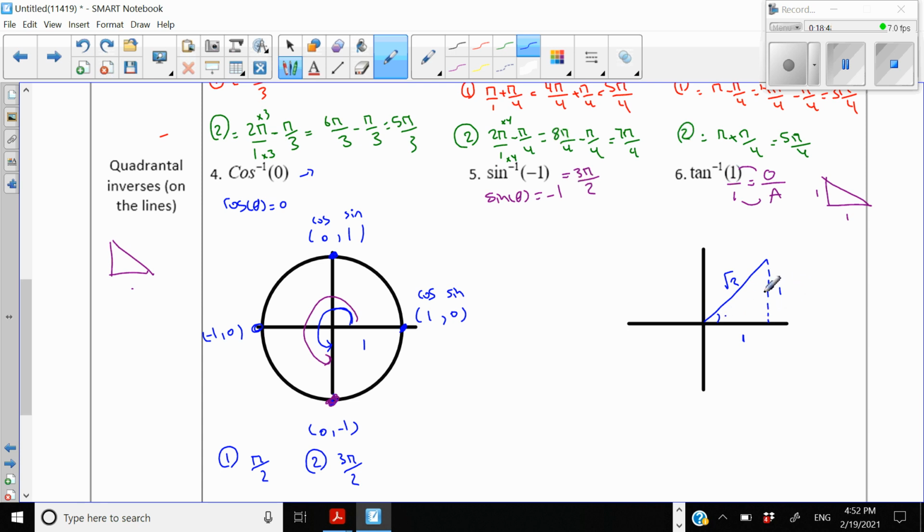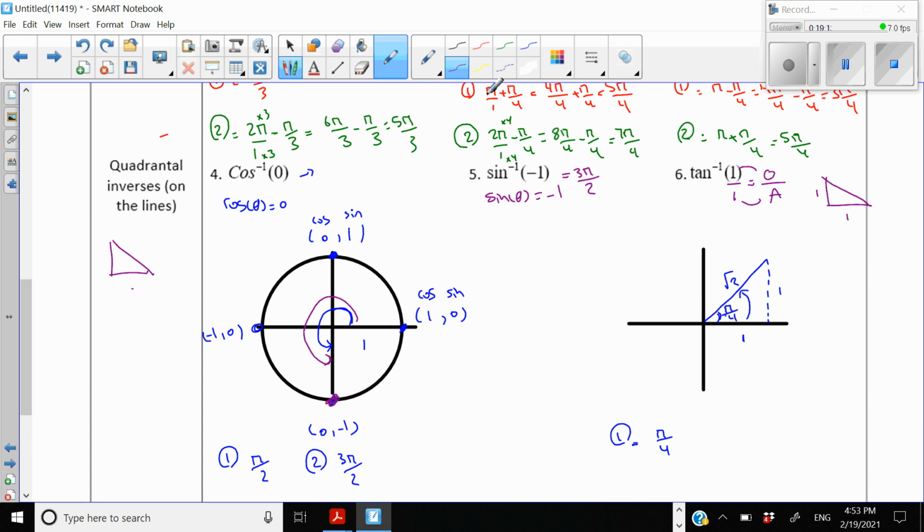So the angle opposite 1 is 45 degrees or pi over 4 radians. So I found my reference angle. Now my first answer is basically pi over 4, because if the reference angle is here, the original angle is also going to be the same thing. So the first answer is pi over 4.